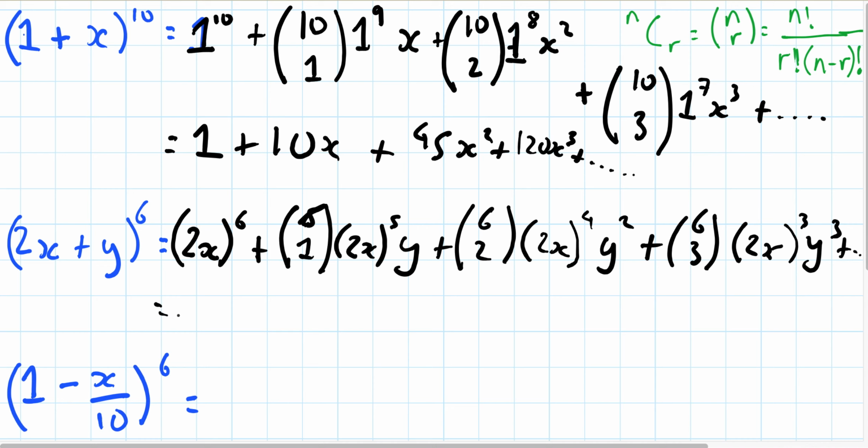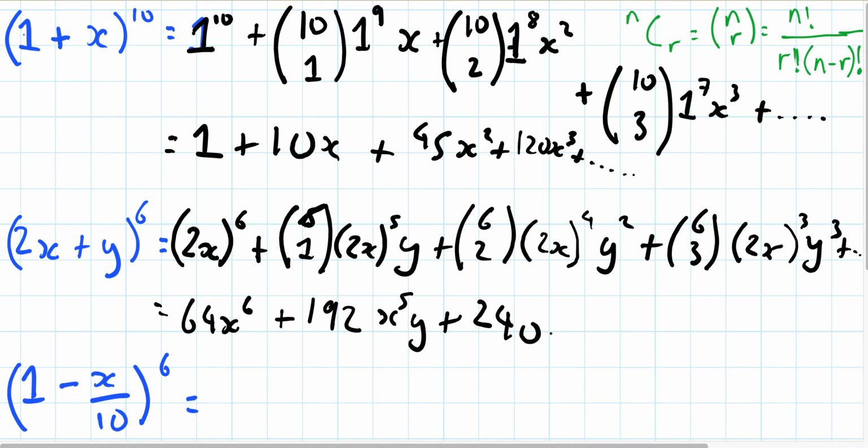So that will equal 64x to the power of 6. I'll do this on my calculator quickly. 192 times x to the power of 5 times y. I just did the 2 to the power of 5 as well and multiplied everything. Then times it by 2 to the power of 4, that's 240 x to the power of 4 y to the power of 2.